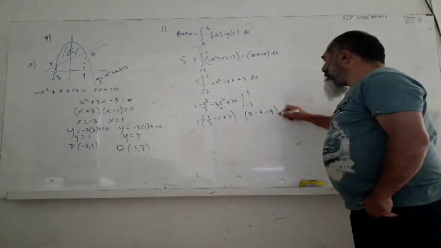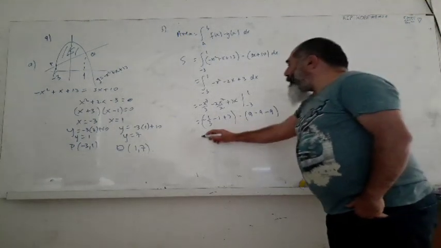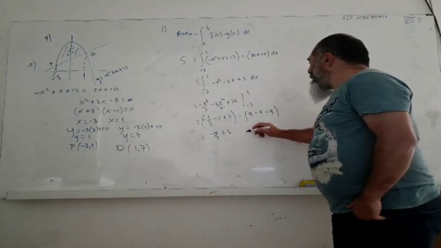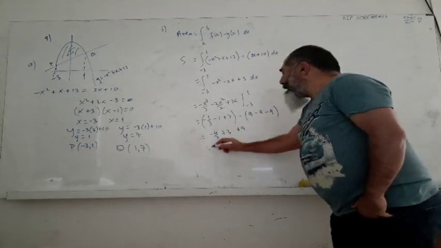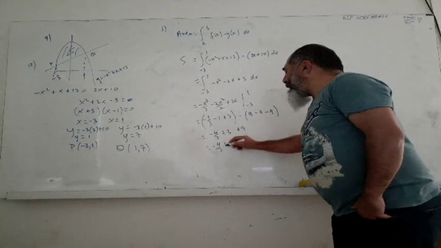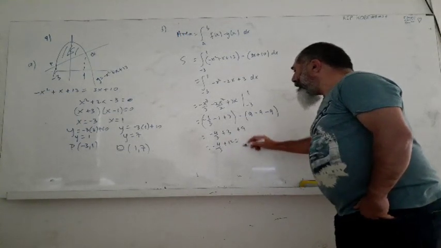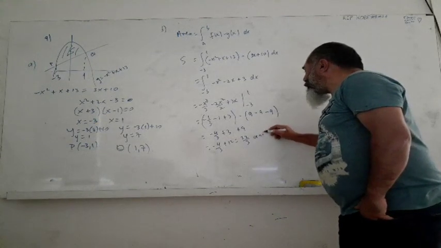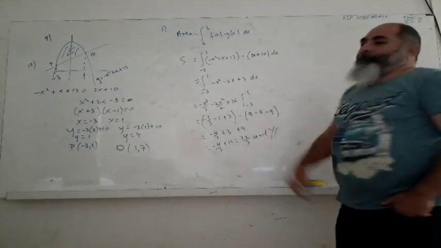So minus 4 over 3 plus 3, plus 9, minus 4 over 3 plus 12, 32 over 3 unit squared is the answer. And this is the answer for question 9.